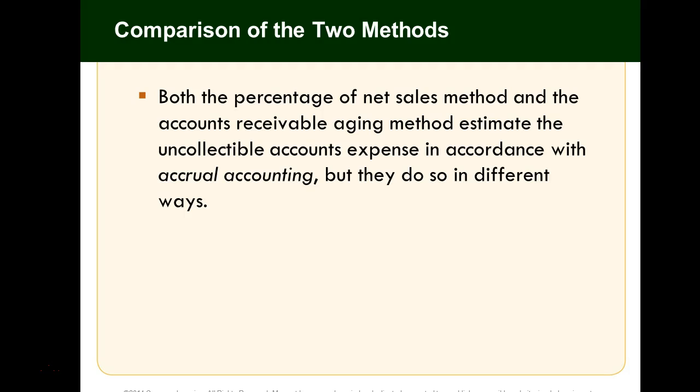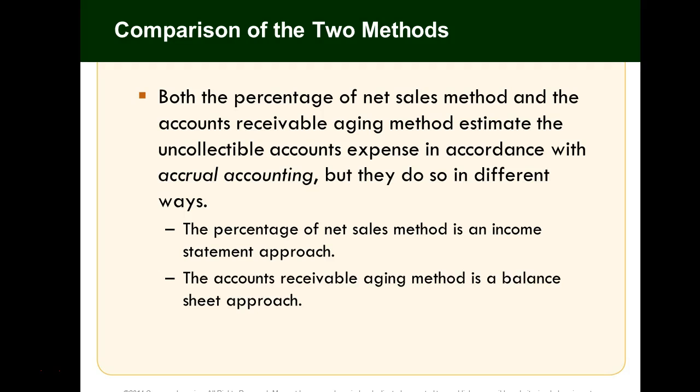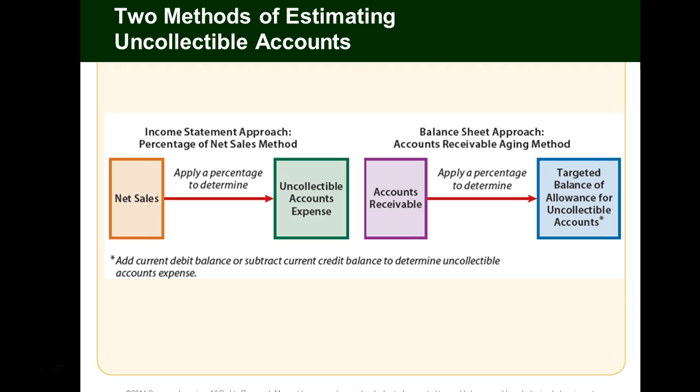So, both this method and the percentage of sales method estimate the uncollectible account expense, but they do it in different ways. One just takes a percent of net sales and goes with it. The other one is really scrutinizing the accounts receivable and really picking them apart to see what's going to be collected, what's not. The percent of net sales method is what we call the income statement approach, and the accounts receivable method, the aging, is the balance sheet approach.